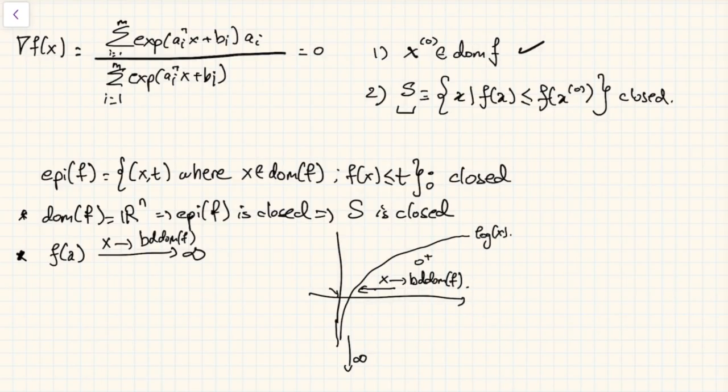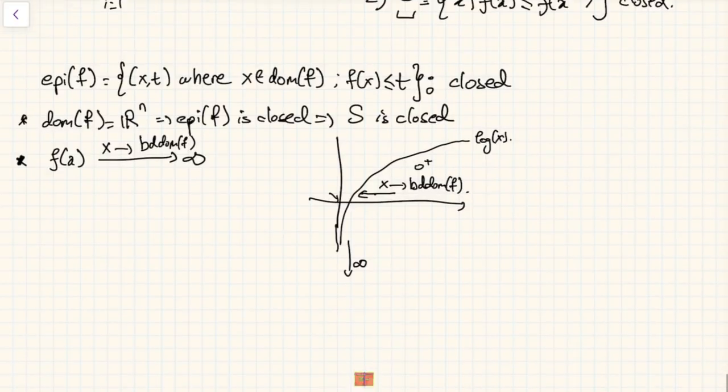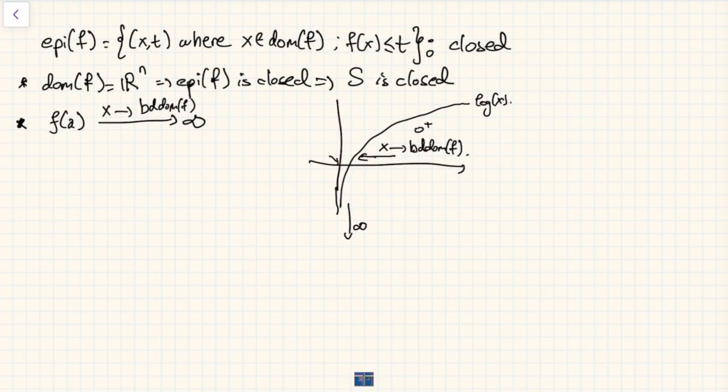You can have more sophisticated examples. I'm just giving simple examples here, but you could have sophisticated ones such as the log barrier function. We'll be seeing a lot of log barriers when we talk about interior point methods, more about that in coming lectures.